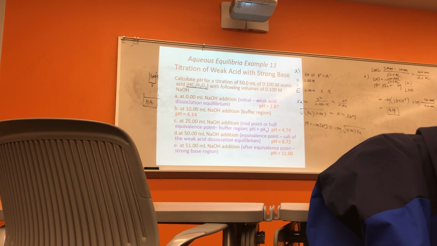Then if you do the calculation, inside of the square root, 10 to the minus 14 divided by 1.8 times 10 to the minus 5, times 0.05, you get 7.906 times 10 to the negative 6.